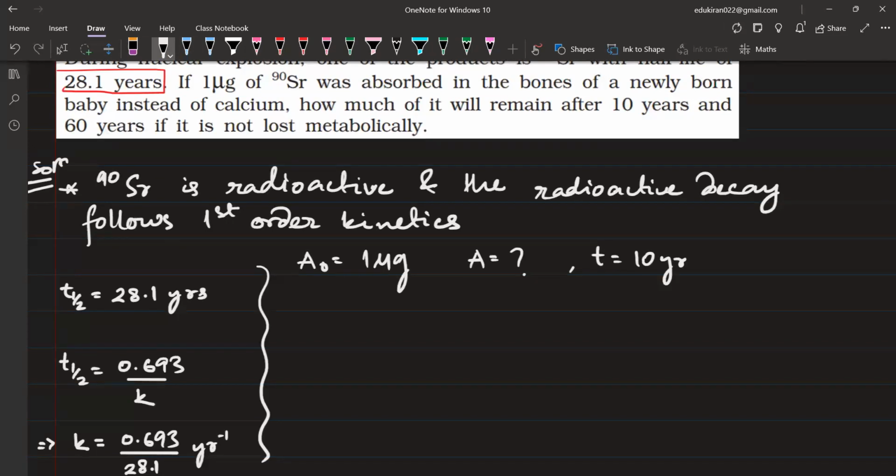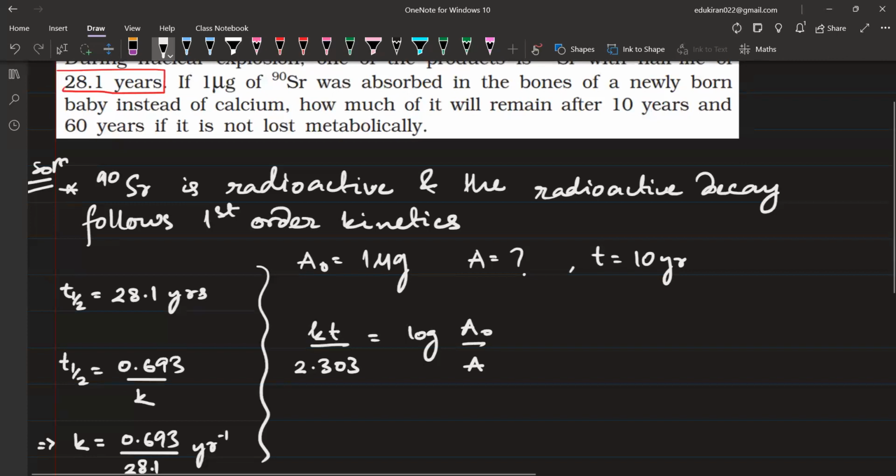So we can simply use the formula Kt upon 2.303 is equal to log of A naught by A. We have K, we have the time, we have A naught, we have to find just A.